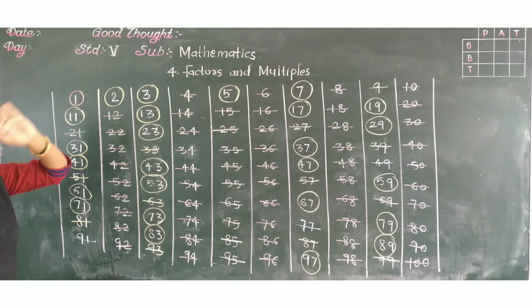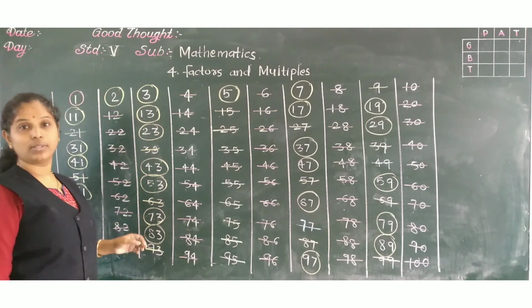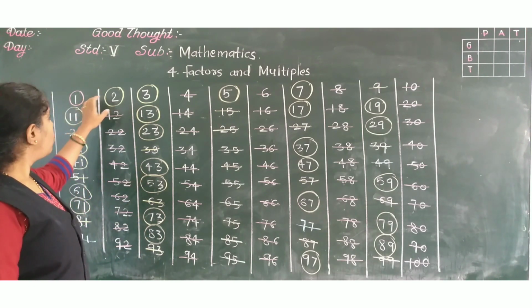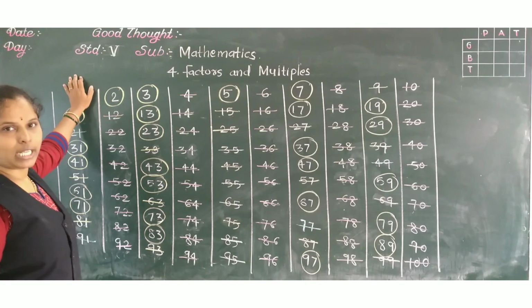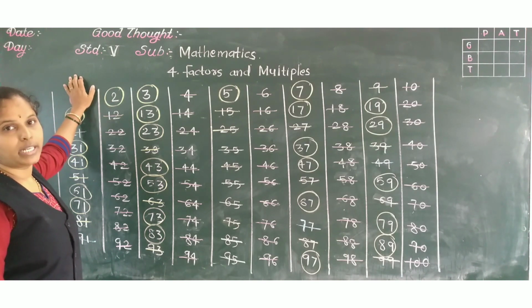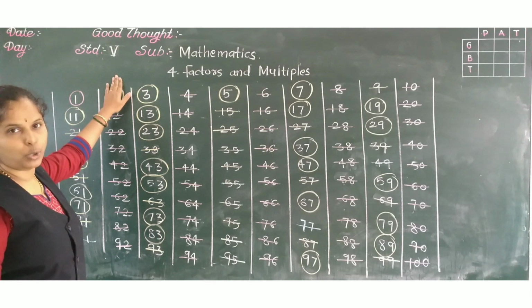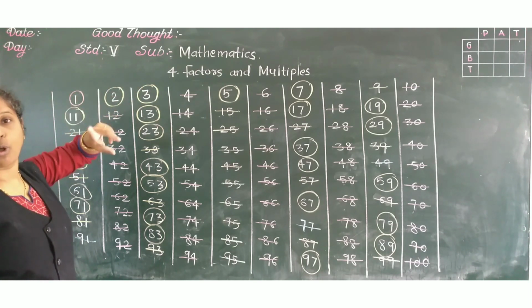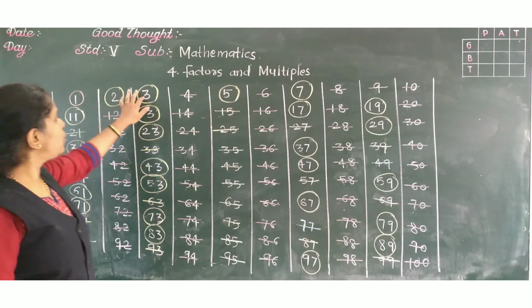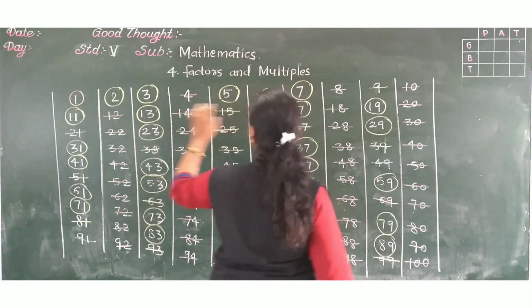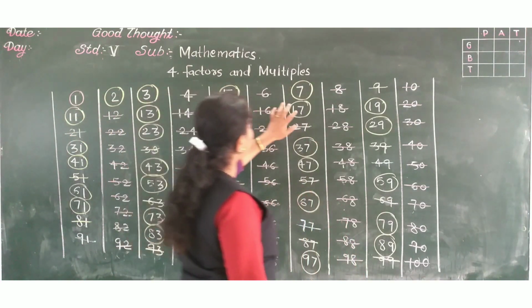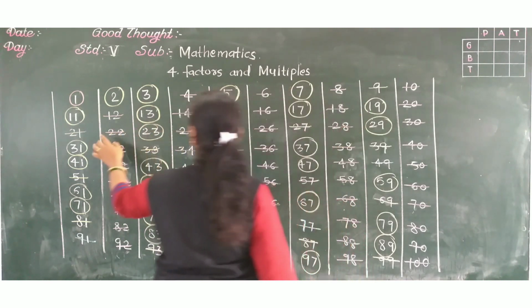Now count total how many prime numbers are there from 1 to 100. See. 1 we cannot consider because 1 is neither prime nor composite. So we have to start from 2. 2 is the first smallest prime number.